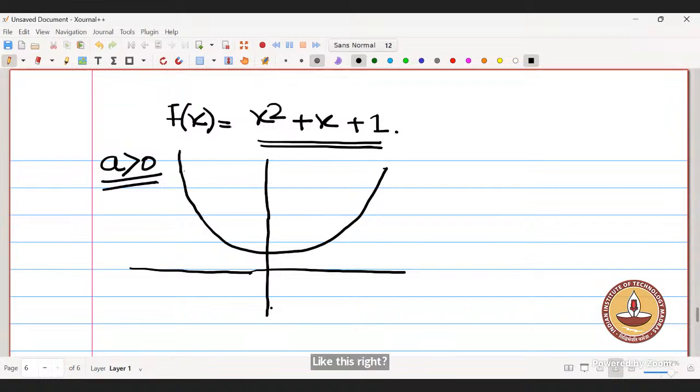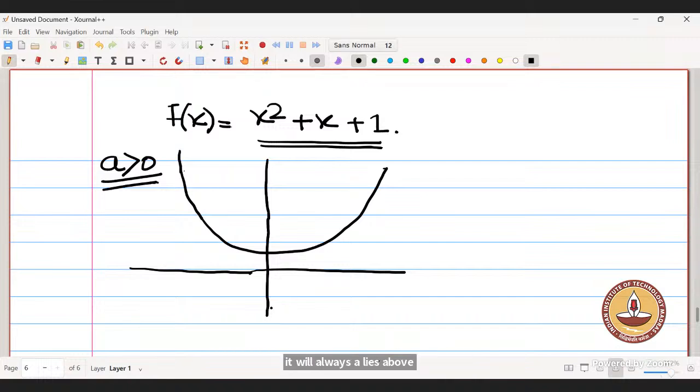Because this certainly opens upward since a is positive, and it's not going to cut the x-axis because this quadratic equation has no real roots. So that means it will always lie above the x-axis, right?